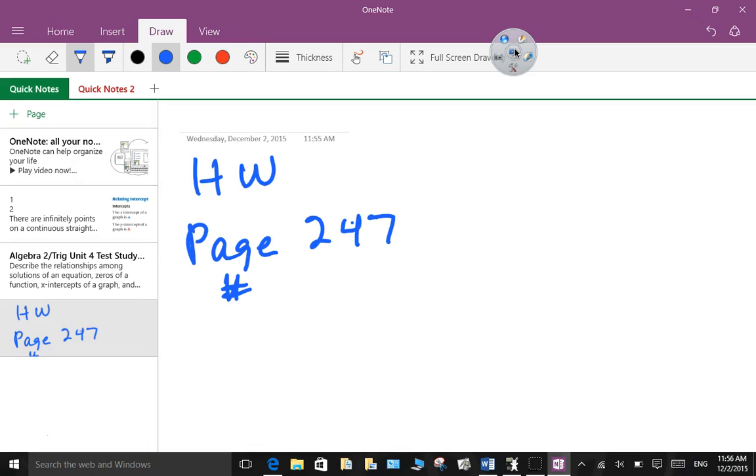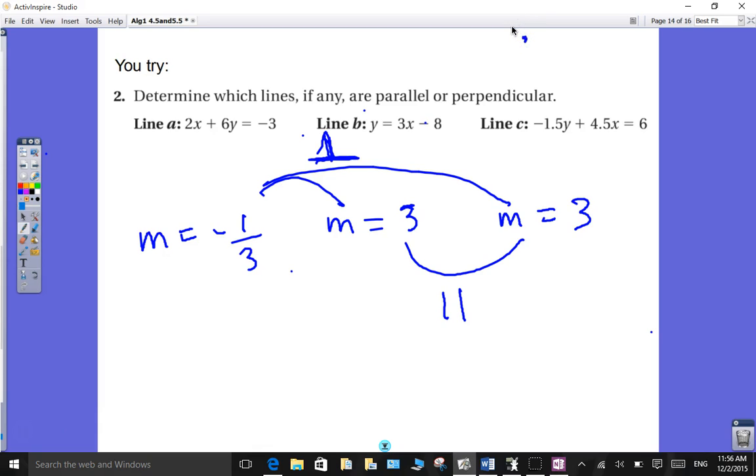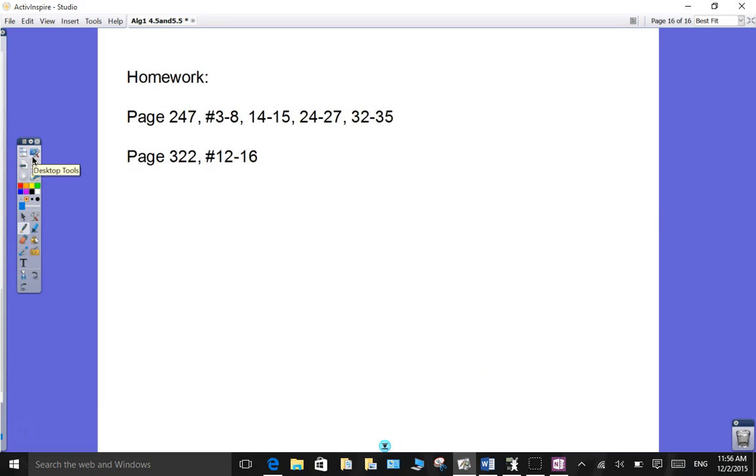Numbers 3 through 8, 14 and 15, 24, 27. There it is.